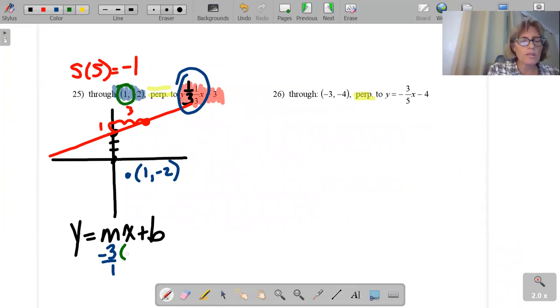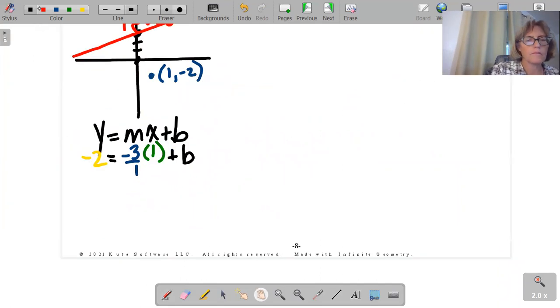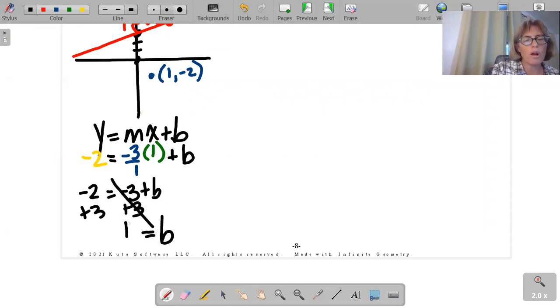1 is our x. Negative 2 is the y. We're going to solve for the b. b equals positive 1.